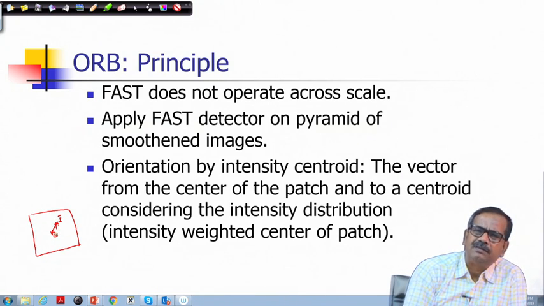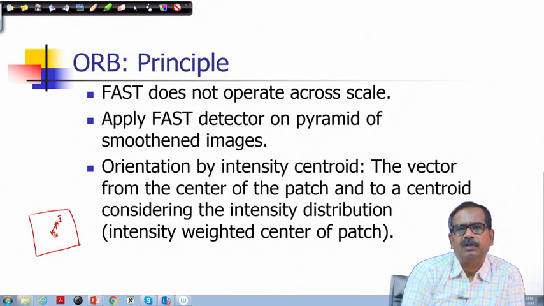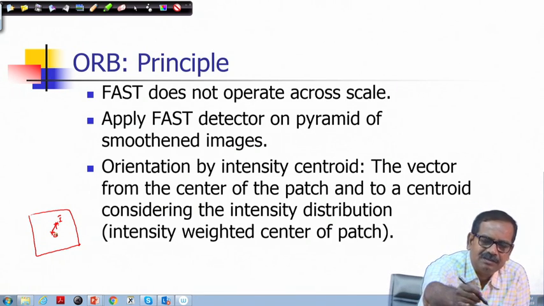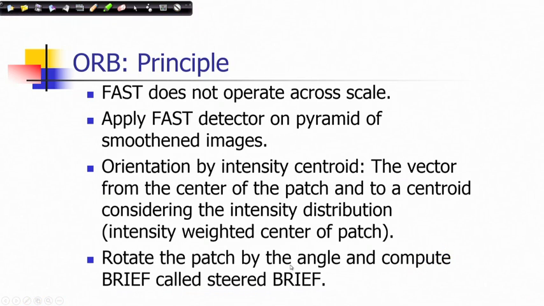It is something like it will try to simulate the gradient direction. So, this is the orientation. So, now you perform all those operations by performing rotations, by aligning your reference axis to this orientation, and then you can make it rotational invariant in this way. So, rotate the patch by the angle and compute BRIEF, and this is called actually steered BRIEF.